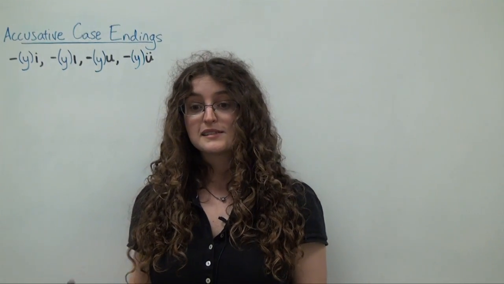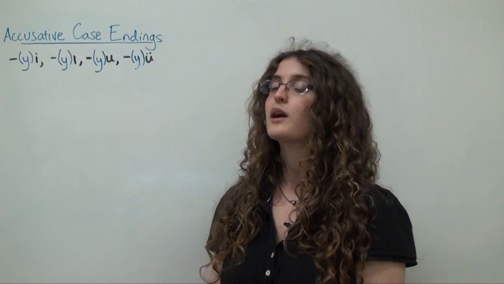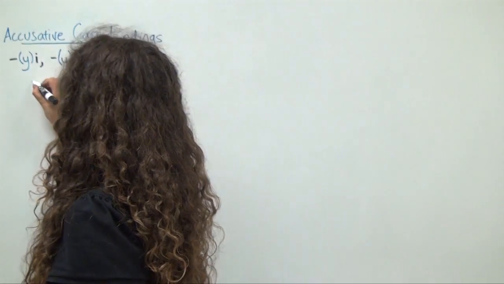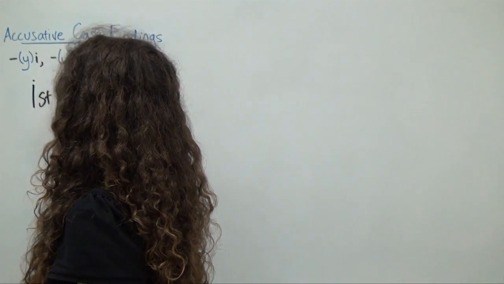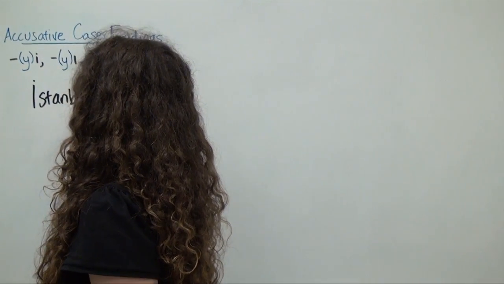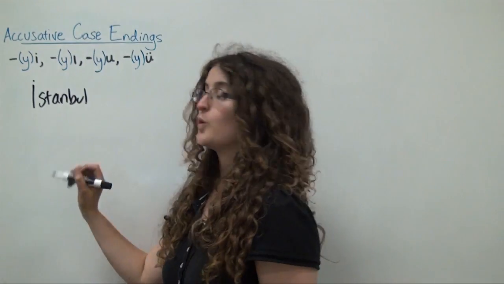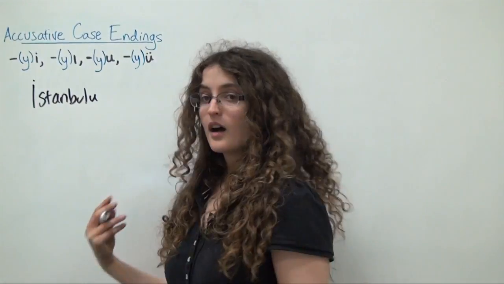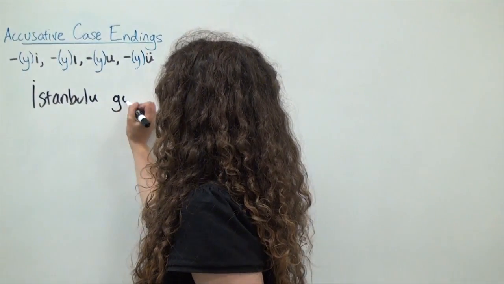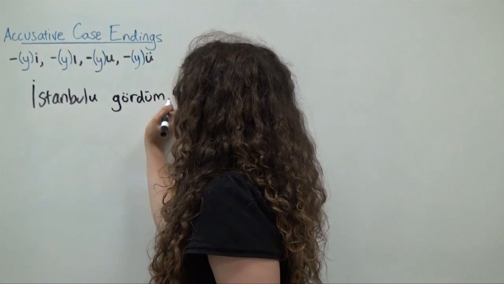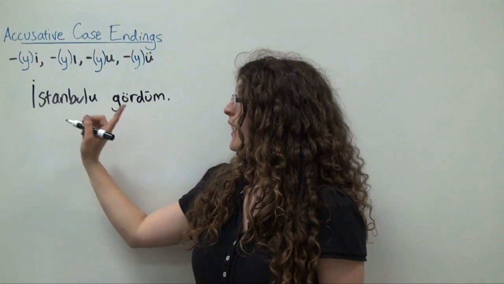So, for example, let's look at the proper noun Istanbul. Let's say, I saw Istanbul. Istanbul, our proper noun, accusative case ending, u. I saw, gördüm. İstanbul'u gördüm.